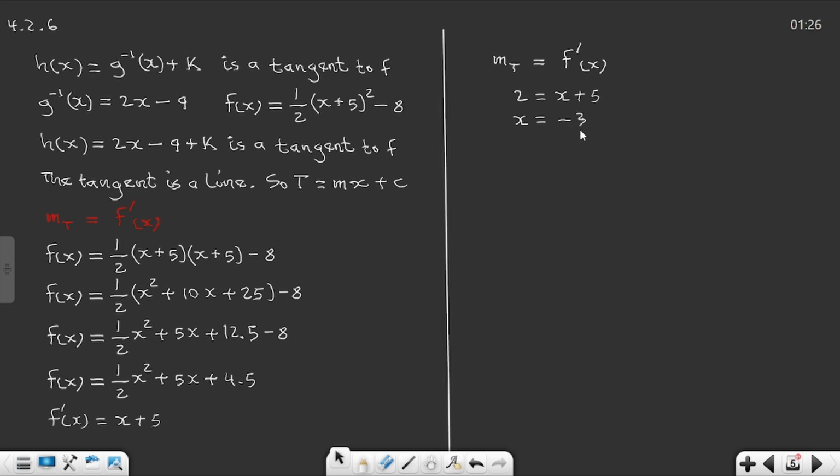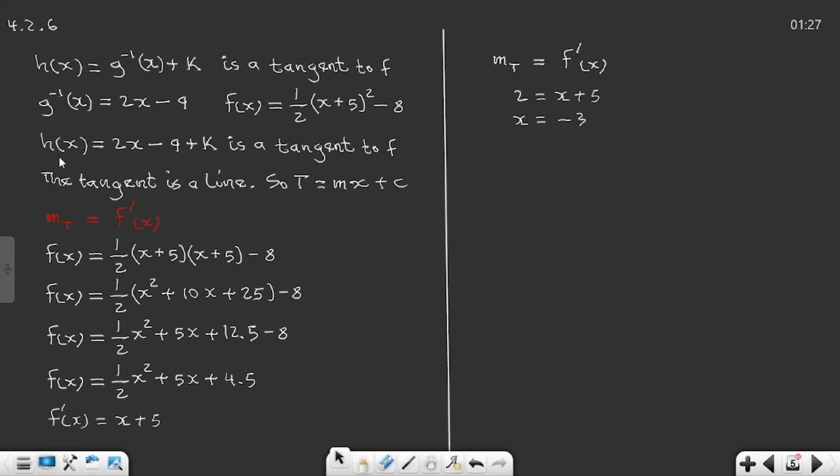To find the y coordinate, you are going to plug in the x coordinate in f of x or in h of x, because you know that the tangent h and f share a common point. So they have the same x coordinate and the same y coordinate. So you can plug in f of x or h of x to find the y coordinate.